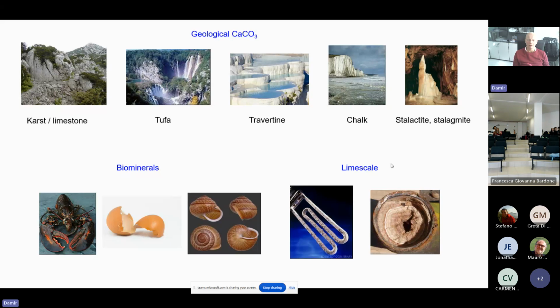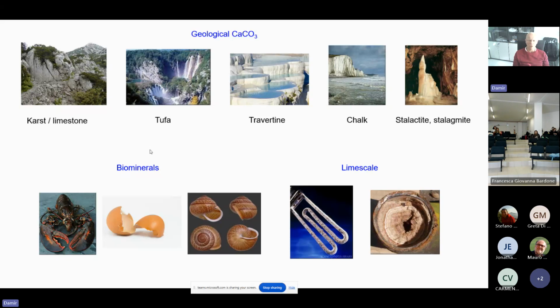You are probably aware of the geological appearance of calcium carbonate in the form of karst or limestone, tufa formation, travertine, chalk, even stalactites and stalagmites underground. It is a very important biomineral for all invertebrates, with typical precipitation of calcium carbonate.